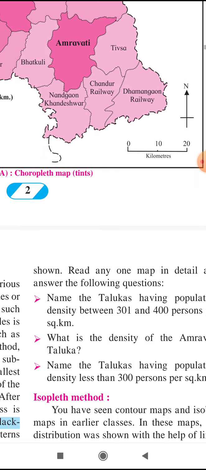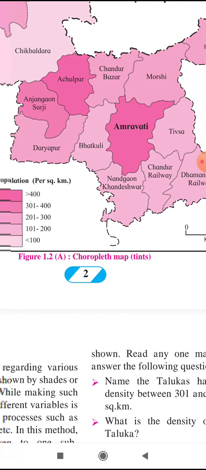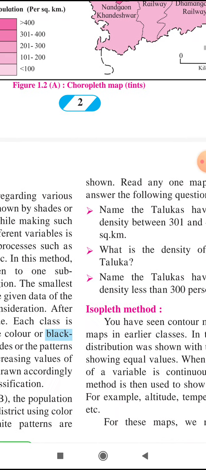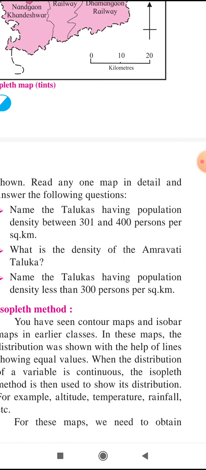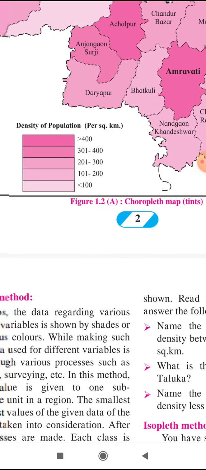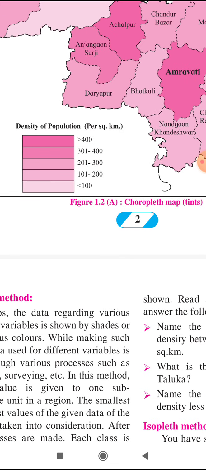That is Anjangaon, where the population is between 301 to 400. The next question is, what is the density of Amravati taluka? It is more than 400, the last and darkest shade.